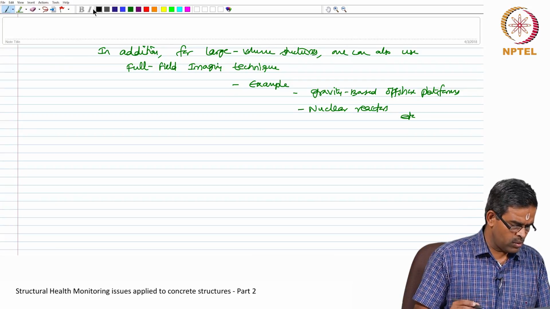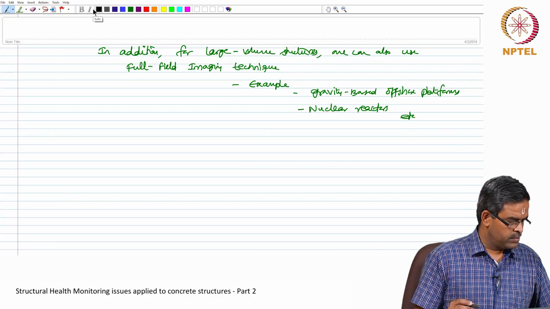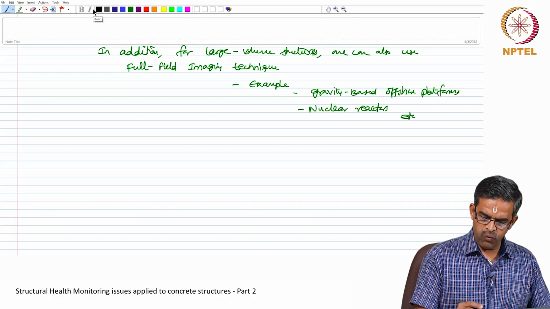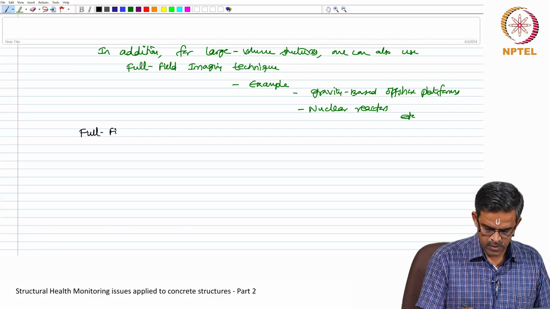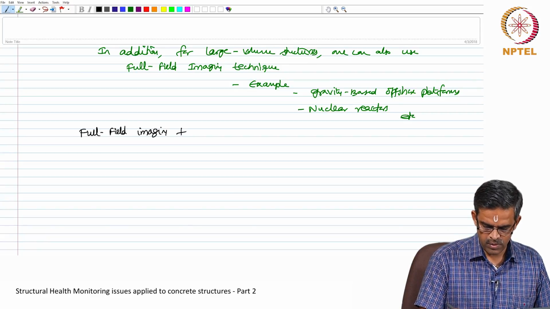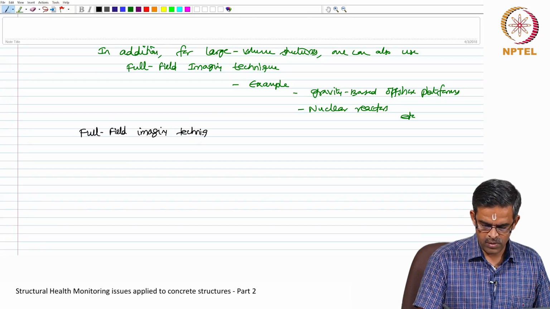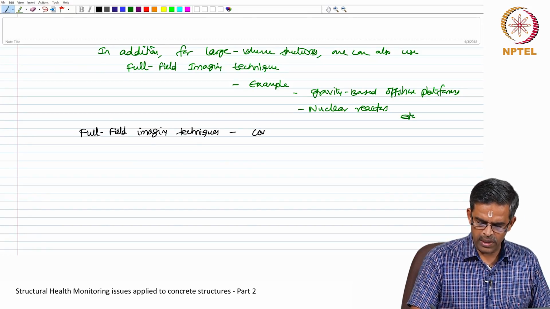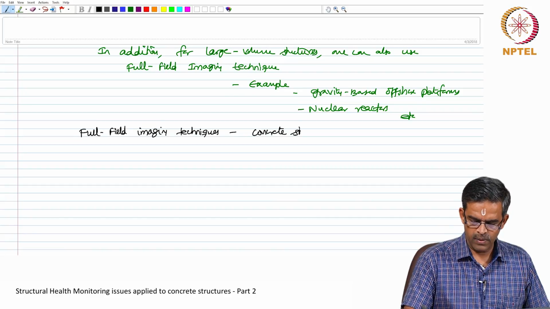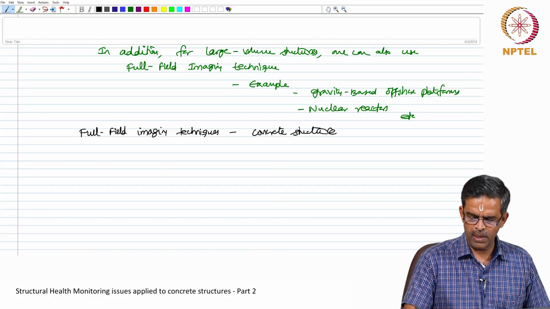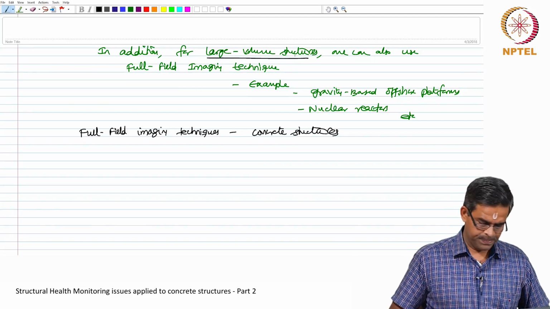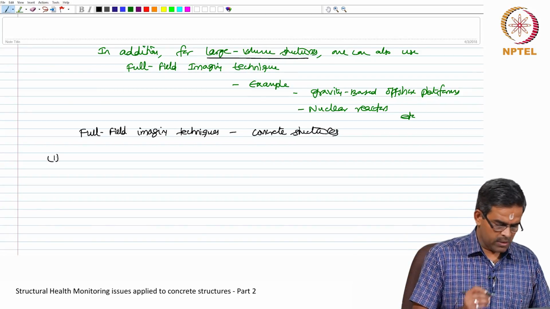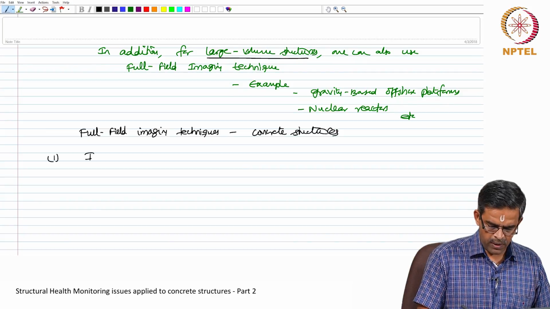Let us now talk about a few full field imaging techniques useful for concrete structures, which essentially can be applicable to large volume structures. The first one is infrared imaging.